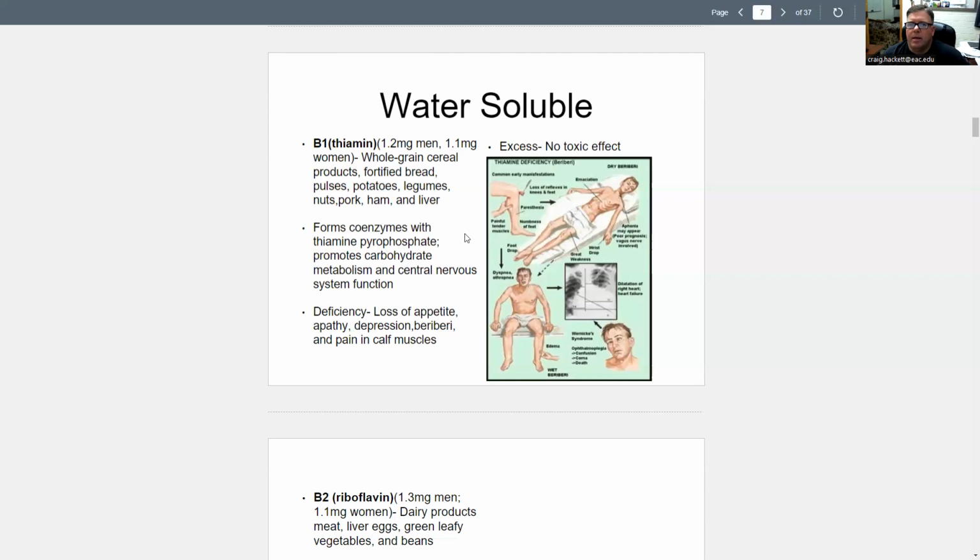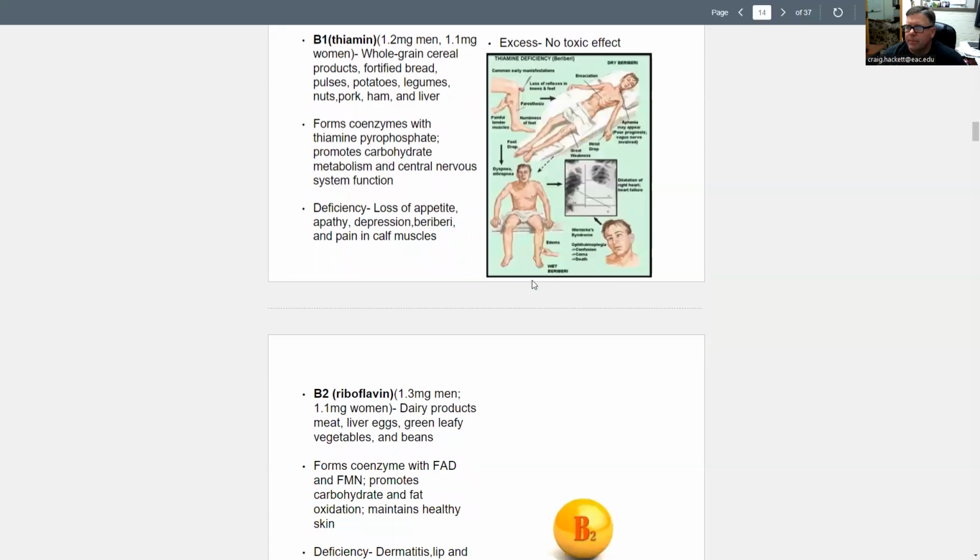And that requires B1 to metabolize that carbohydrate in order to do that. So this one's really important for the nervous system. Therefore, when you see this thiamine deficiency, which is a B1 deficiency, it's something called beriberi. They have really twitchy movements. They tend to waste away. This is usually caused by malnutrition.